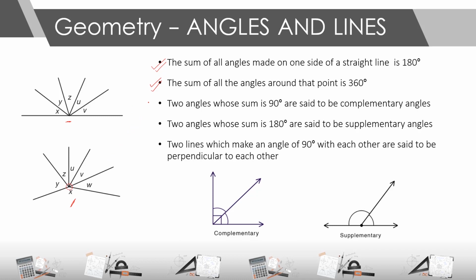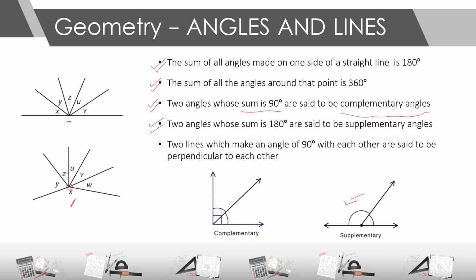Then there is this nomenclature of complementary angles. If there are two angles and we add them and we get a value of 90 degrees, then we say that these two angles are complementary angles. Similarly, if the sum of those two angles is 180 degrees, then these are supplementary angles.